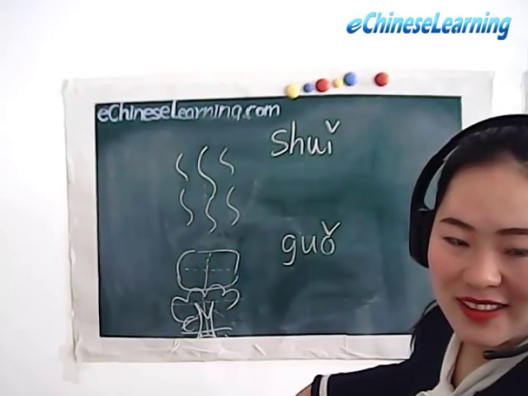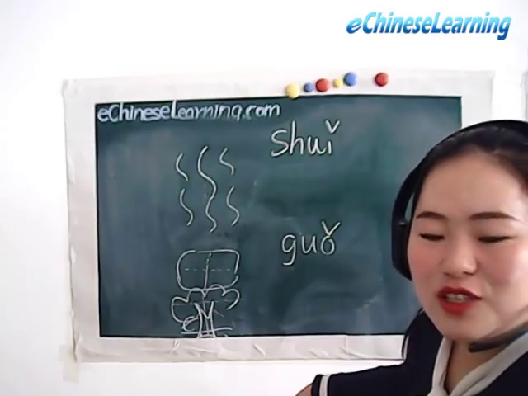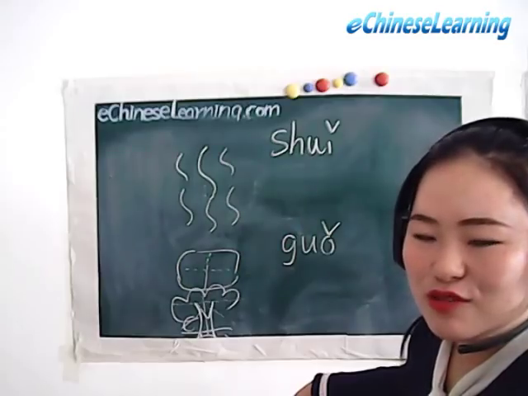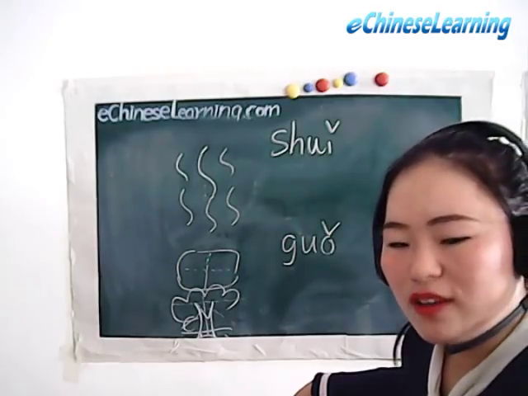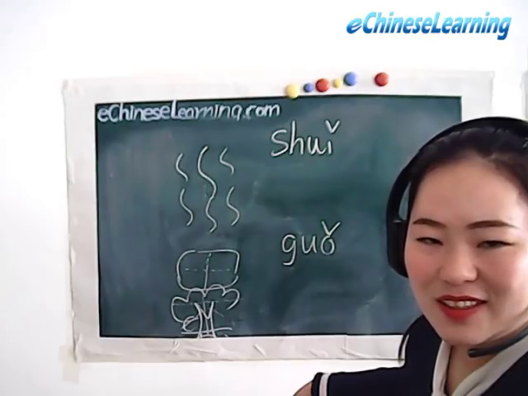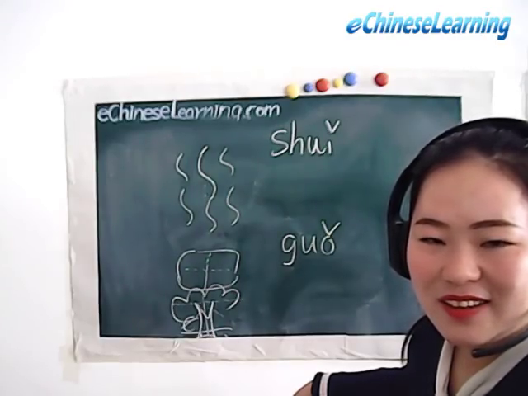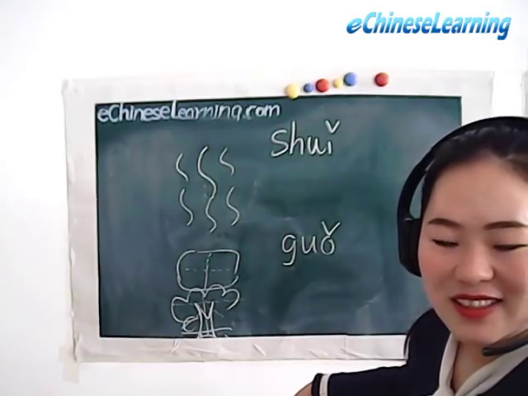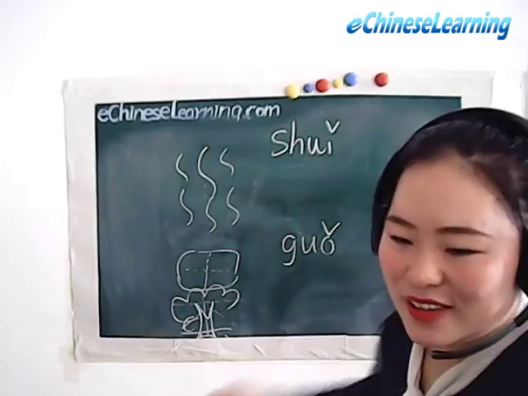You can turn over to another paper. Okay. Try to write 水 and 果. When you finish, please tell me. Okay, I believe you.